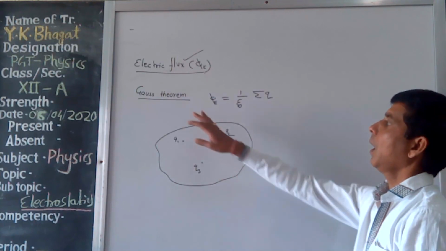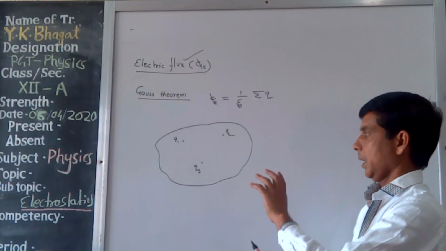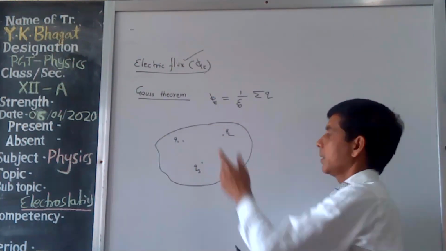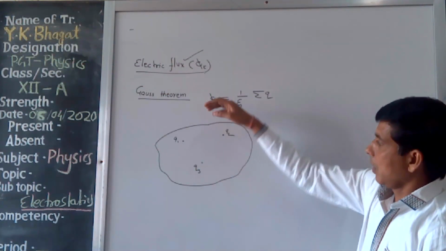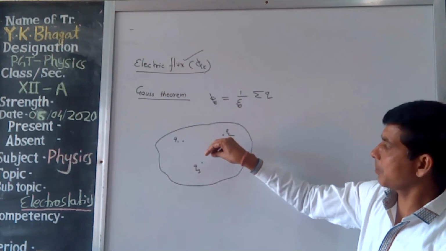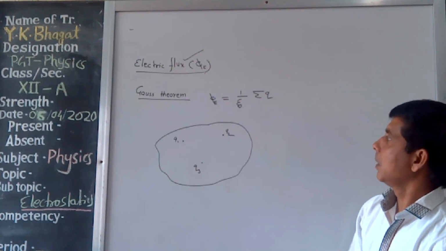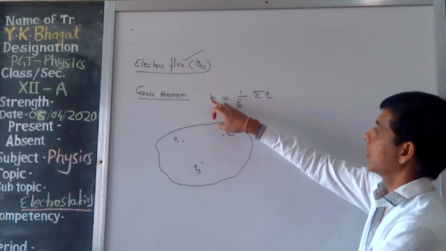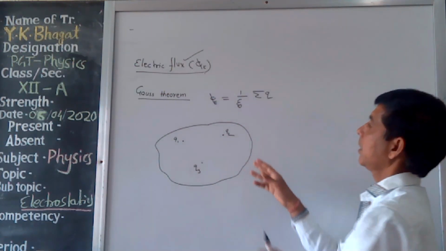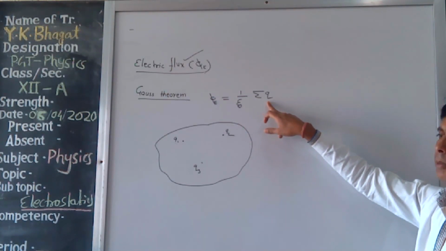Again I repeat the statement of Gauss theorem. For a closed surface of any shape with any number of charges placed inside it in any position, the total electric flux passing out through that closed surface is equal to 1 upon epsilon naught times the summation of total charge.